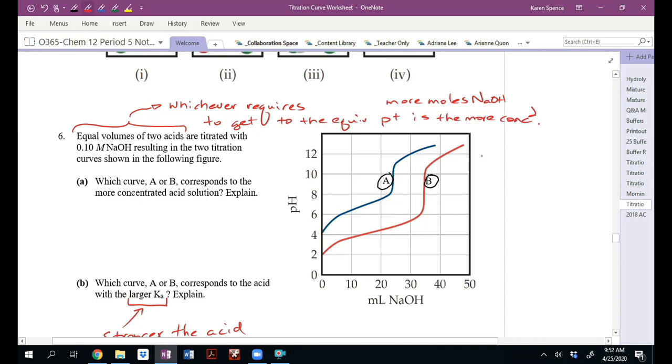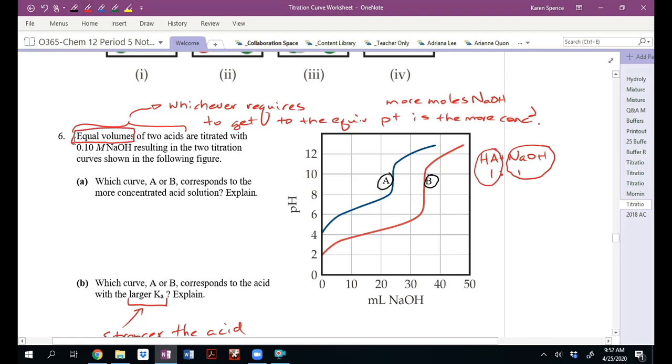So what we would have is HA, for example, plus NaOH. That's a 1-to-1 ratio. And so the more moles of NaOH we have, the more moles of HA we would have. And because the acids are in equal volumes, whichever one has more moles in that volume will be the more concentrated.